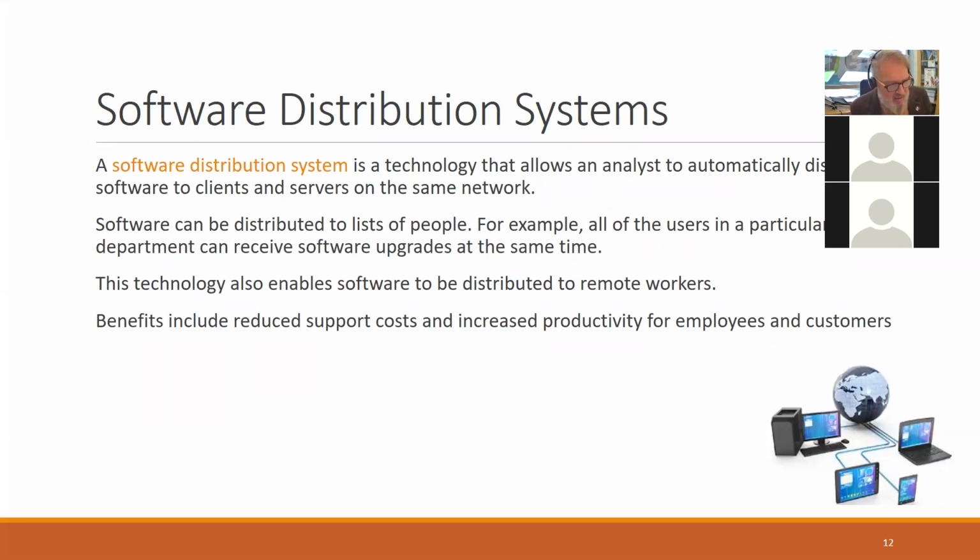Now, from a business point of view, working in a business, you've got software that you don't really want the rest of the world seeing or getting a hold of, so that's going to have to be done in a secure way.